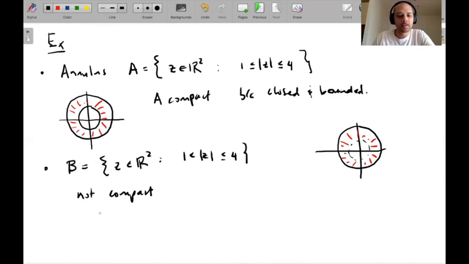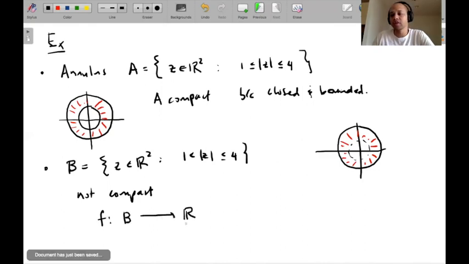Another way to say it is, here's another way to prove a set is not compact. You find a continuous, real valued function on B which is unbounded.